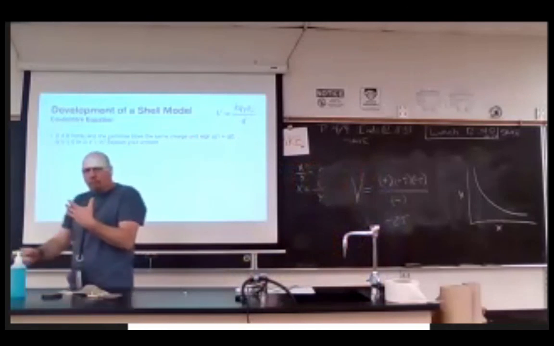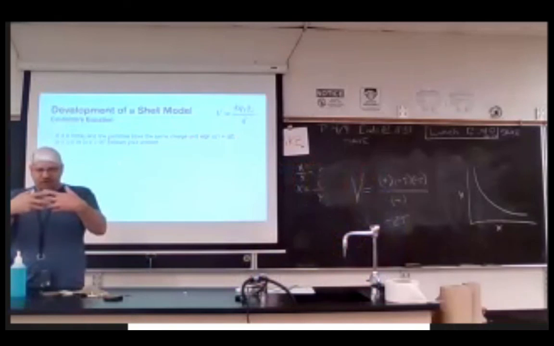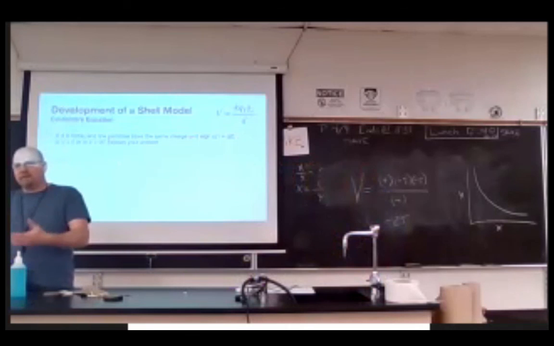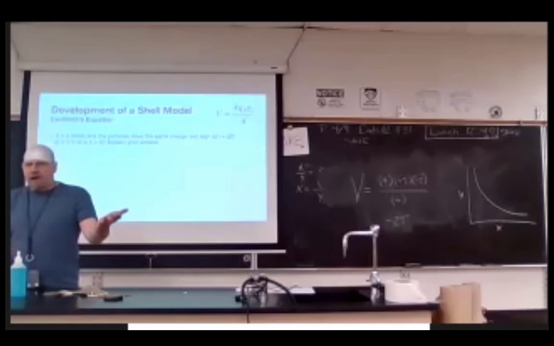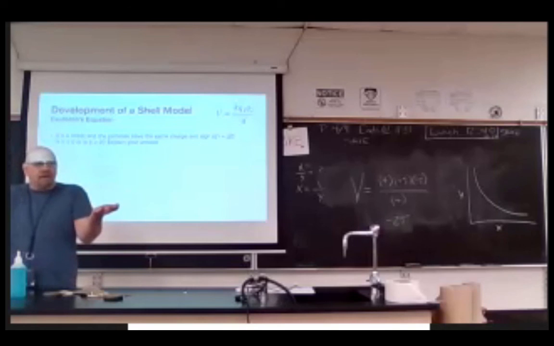This is why, again, we have to be careful about how we interpret a number as just a number in math versus a measurement in science. If I had a negative 25 and a positive 25, what that tells me is that their potential energy is the same but opposite.